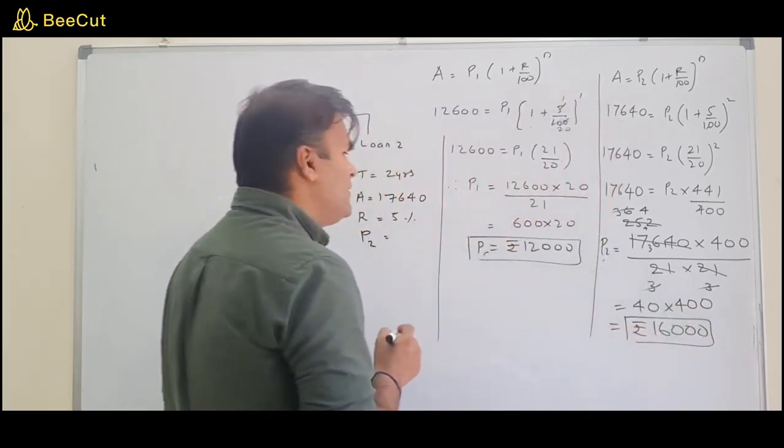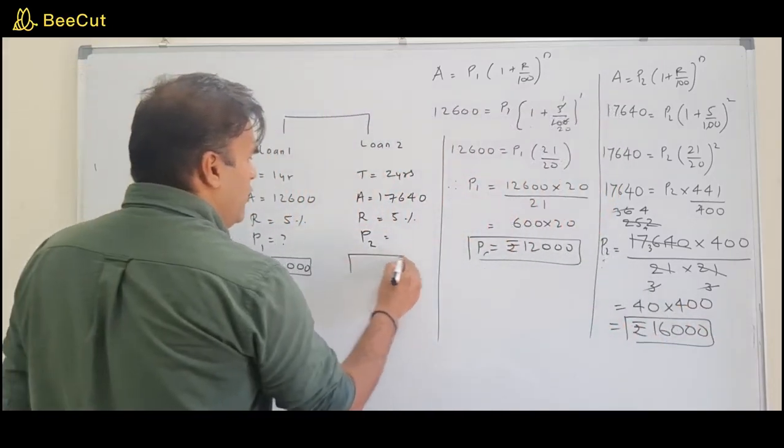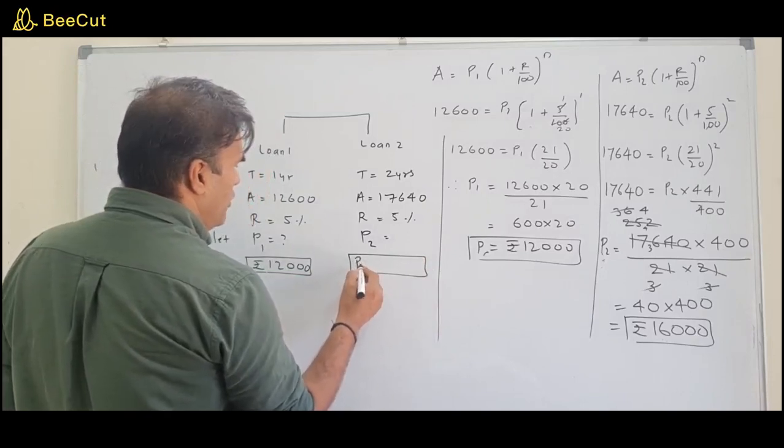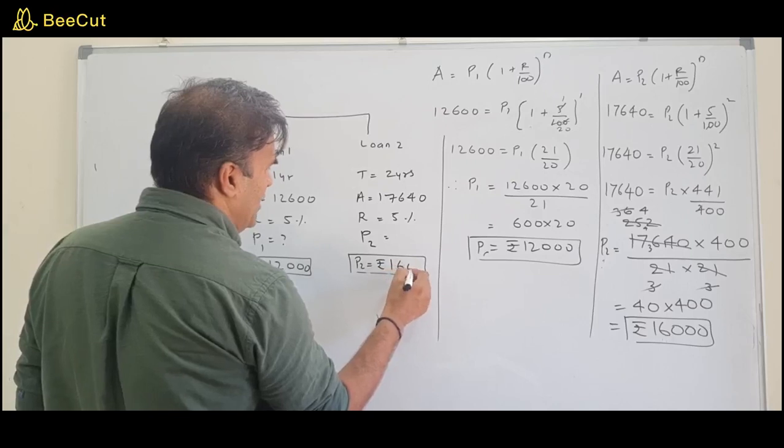So, my dear friends, the second part of the loan, that means the principal portion P2, was rupees 16,000.